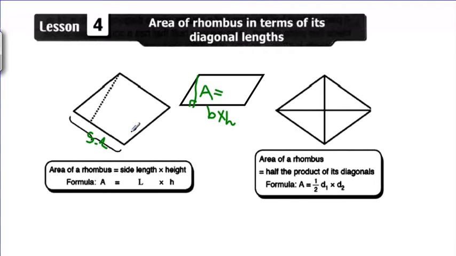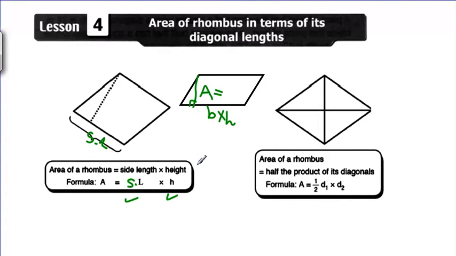And the area will be equal to side length times height. Why? Because the rhombus is like the parallelogram, but we put side length instead of base. So if he gives me the side length and the height, I will use this rule.